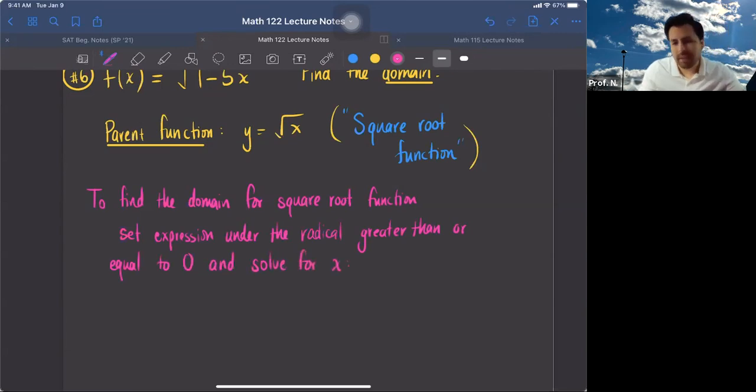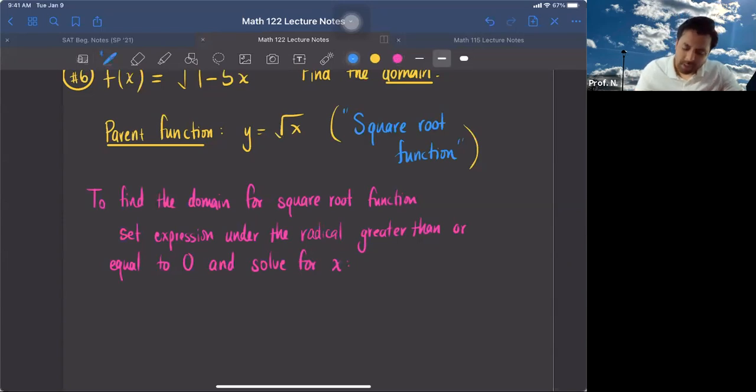Why is that? Because the expression underneath the radical cannot be negative, because then you'll be dealing with complex imaginary numbers, but we're only dealing with real numbers. So there is no real number associated with a negative number underneath the radical.